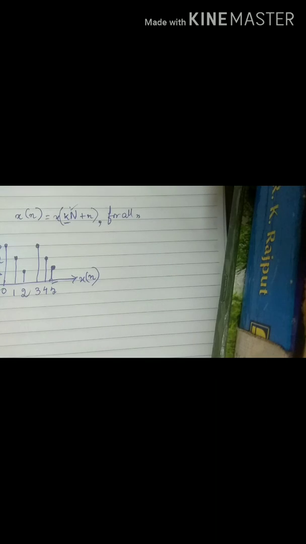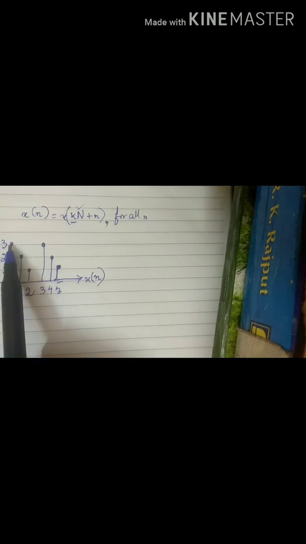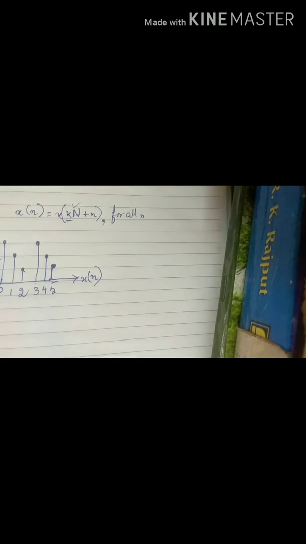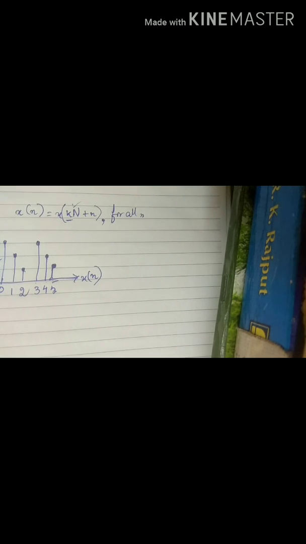This diagram is an example of a periodic sequence. Here we can see that the amplitude of the first sample is 3, the second is 2, and the third is 1. After this, the same amplitudes are repeated at instances 3, 4 and 5. Now, this particular pattern will not be followed in the case of an aperiodic signal.